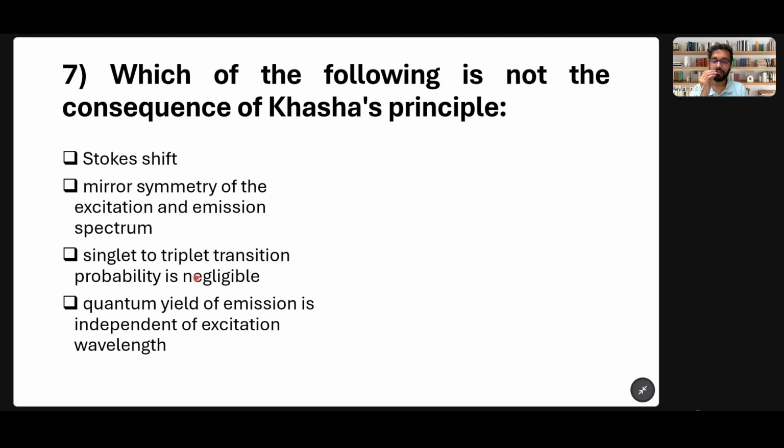Singlet to triplet transition probability is negligible is not a valid assumption, because singlet to triplet transition helps you calculate phosphorescence as well. So the answer is option C, singlet to triplet transition probability is negligible, which is not a consequence of Kasha's principle.